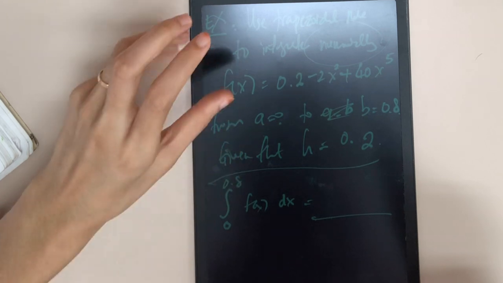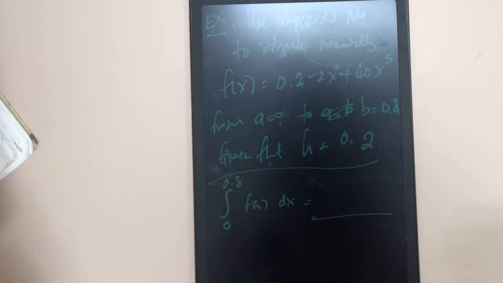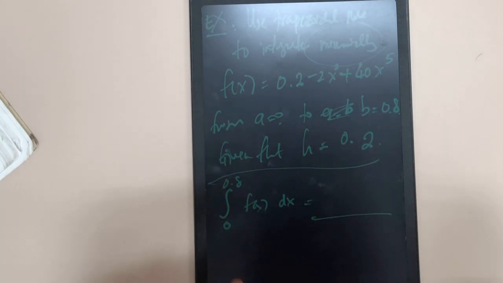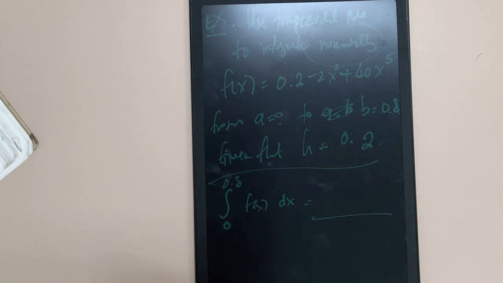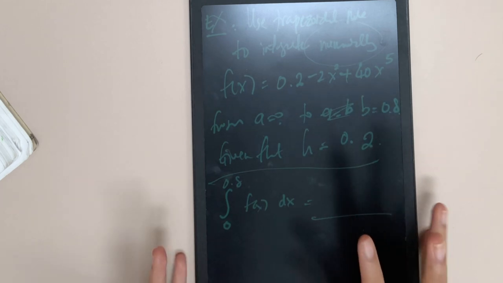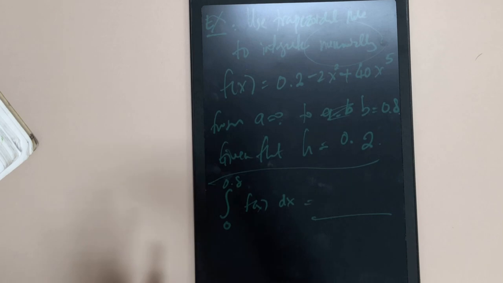For the numerical approach, you will get only an approximation value. To get the true value, you need to do this one. This is the analytical approach. So you still need to know it. Even though you are learning the numerical chapter now, you still need to apply this if the question asks you to find the error.